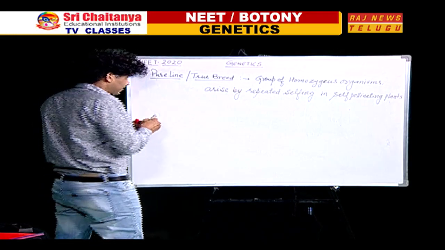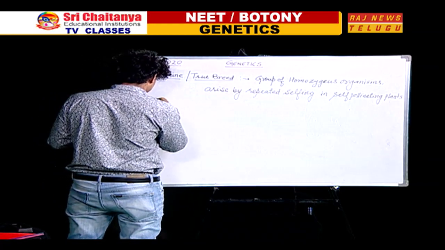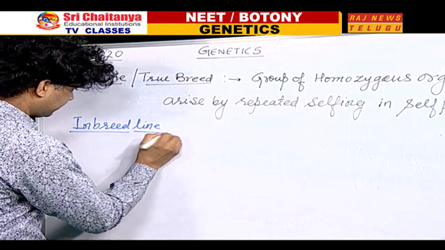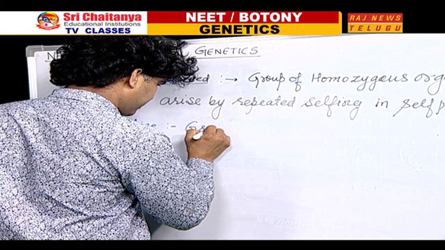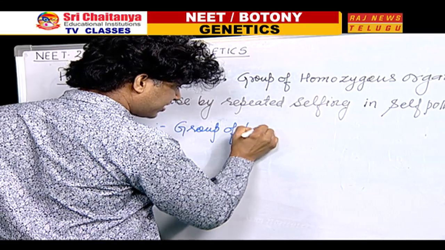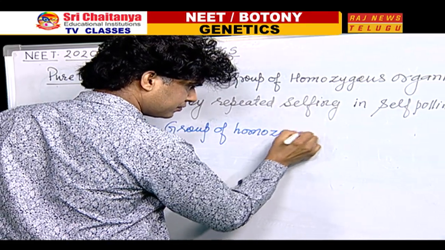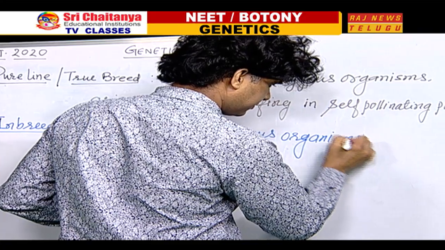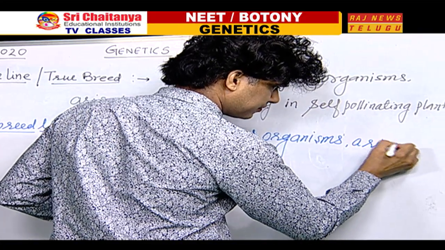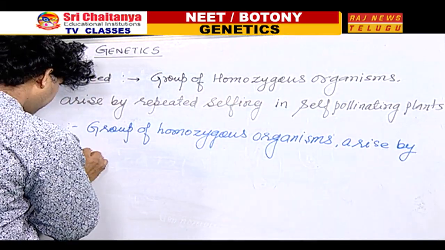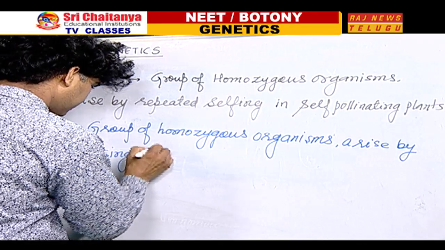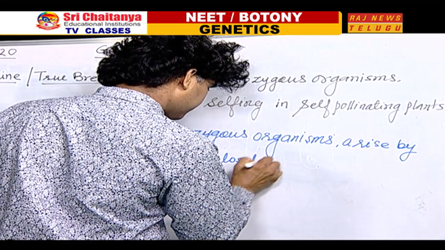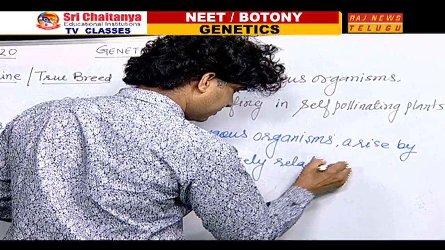A similar kind of word is there, that is called inbreed line. It is a group of homozygous organisms that arise by crossing between closely related members.